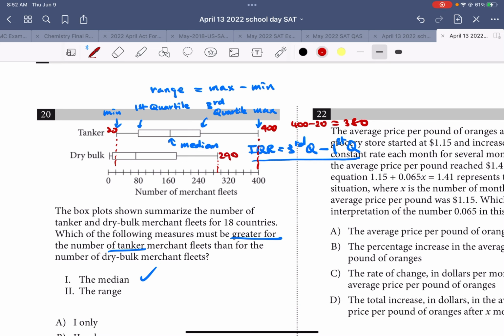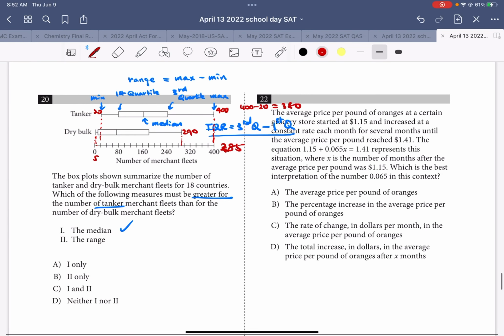And this one right here, it's not zero, maybe like 5. So 290 minus 5 is 285. 380 is way bigger than 285. So range is also one you have to choose. So 1 and 2, answer C.